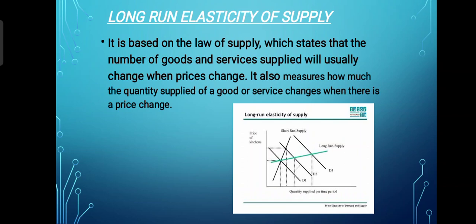The ability of suppliers to alter the quantity of a good they produce directly impacts the degree to which the quantity supplied can change in response to a change in price. Think about a construction company that builds houses. When there is a sudden increase in the housing price, the number of homes built does not increase as much.